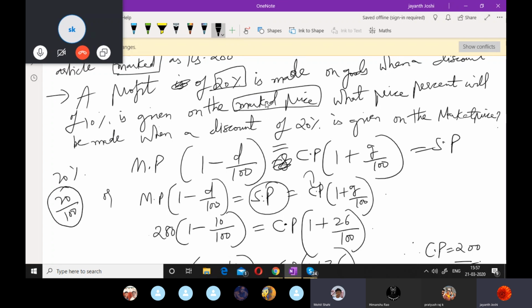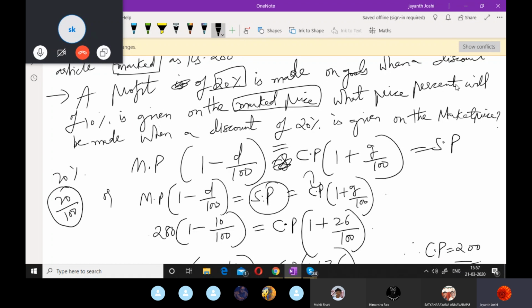So you went to a shop and you want to purchase something, and when you asked him the price, he told you some price, that is the list price or marked price or MRP, whatever it is, and he also gave you a 10% discount. Suppose 1000 rupees is the value of the jeans, he gave it to you for 900 rupees, and when you sold it in the market, you made a 20% profit.